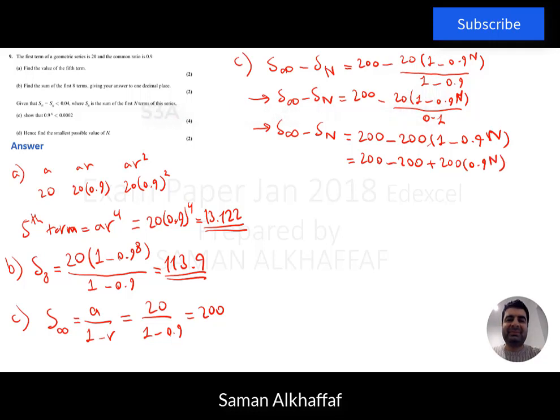The 200s will disappear, and that will give us 200 multiplied by 0.9 to the n, and hence we're told 200 times 0.9 to the n is smaller than 0.04.